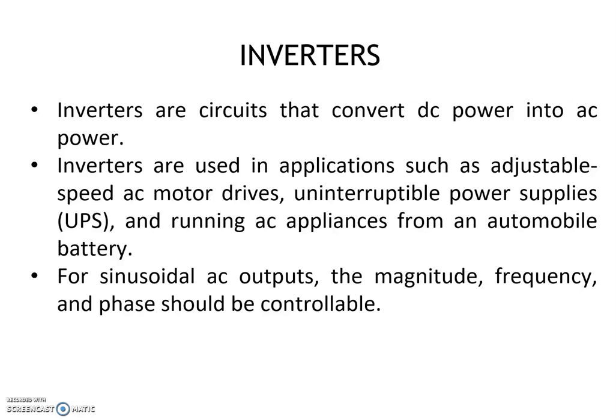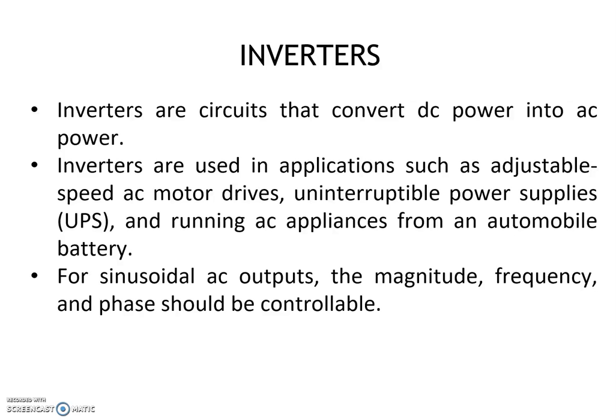Some applications of inverters: we can use an inverter for speed control of AC motors. The system used for speed control of AC motors is known as an AC drive, so an AC drive usually consists of an inverter.